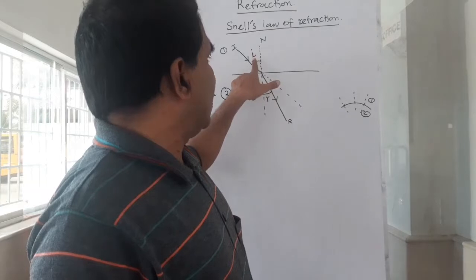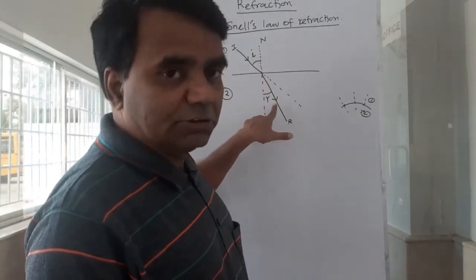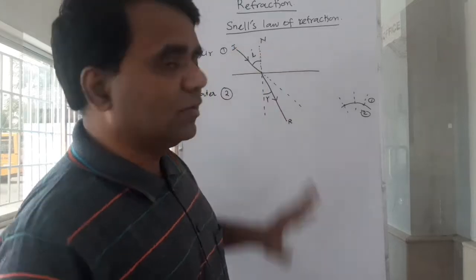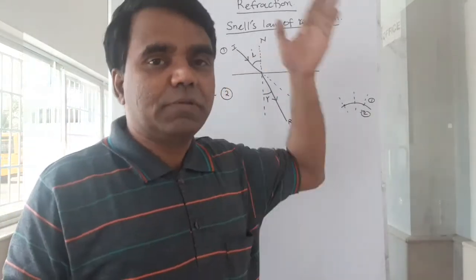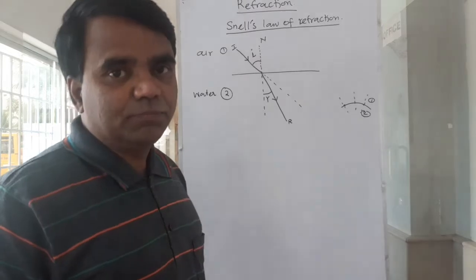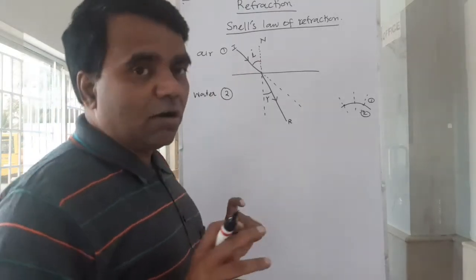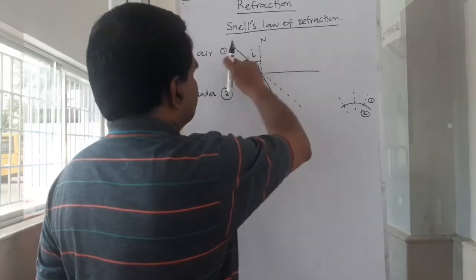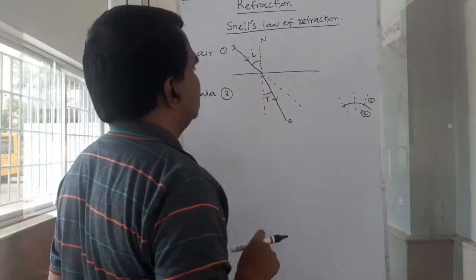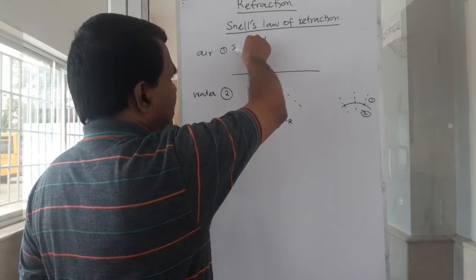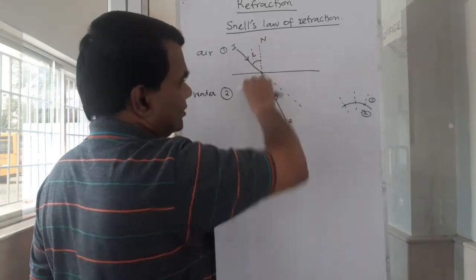Just like reflection, you have an angle of incidence, you have an angle of refraction, and the incident ray, the refracted ray, and the normal all lie on the same plane. So this is understandable. And Snell also added one more condition. He said, if this is medium 1, this is medium 2, then if I change this I, clearly R will also change.